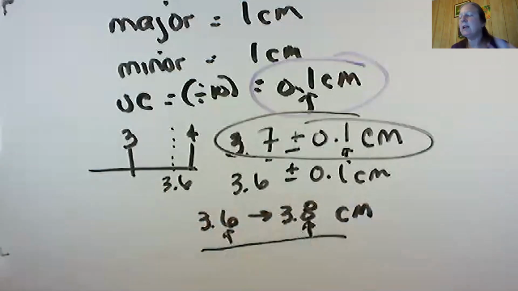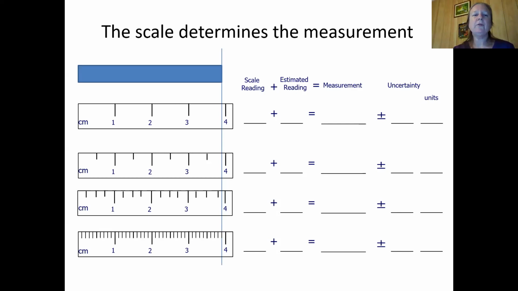It's the guess, you know, the estimate, the eyeball. So if we go by the steps, the first measurement is going to be 3.6 or 3.7. So let's go back to the slide. They broke it. All right. So the first one would be, we'll call it 3.6 or 3.7.